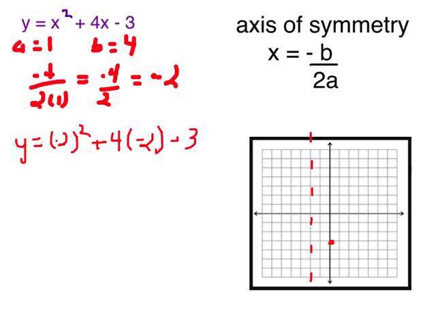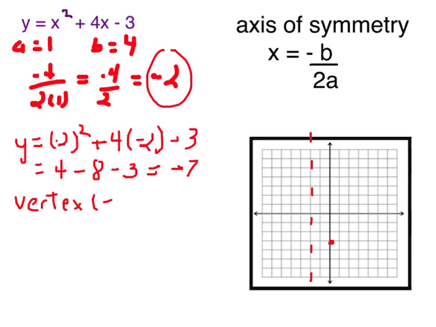So let's finish this. -2 to the power 2 is +4, because -2 times -2 is +4. 4 times -2 is -8, minus 3. You plug this into a calculator, this is -7. So the x-coordinate of the vertex is right here, -2.